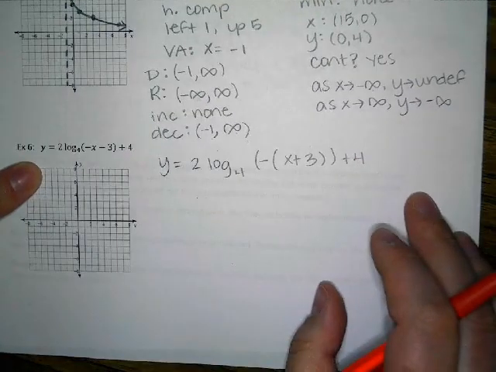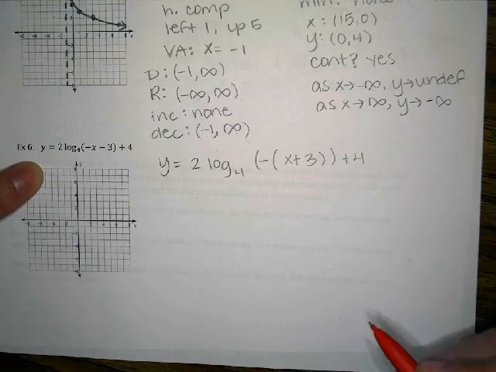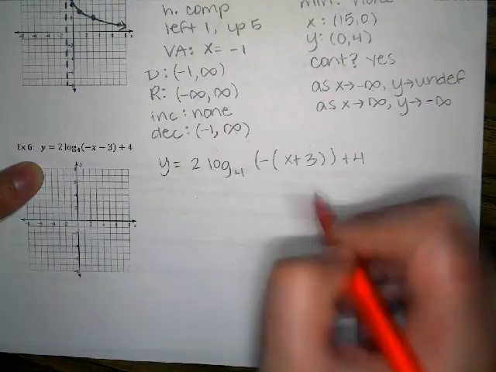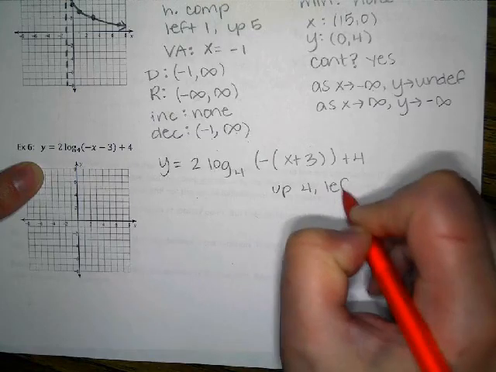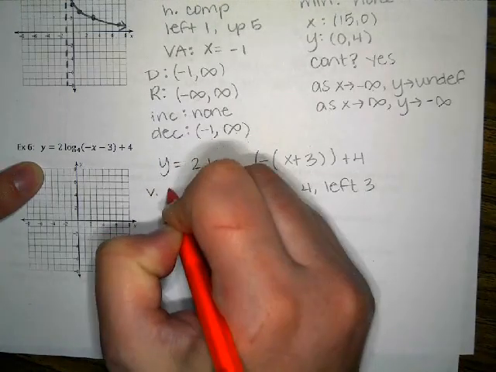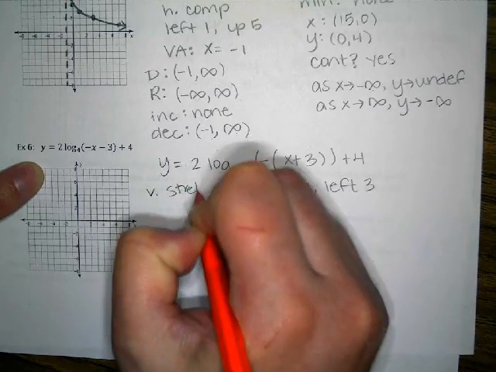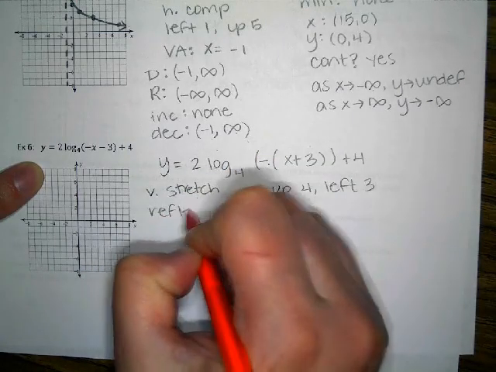Up 4, left 3. Vertical stretch. Reflect over Y. Okay. The vertical asymptote is x equals -3.